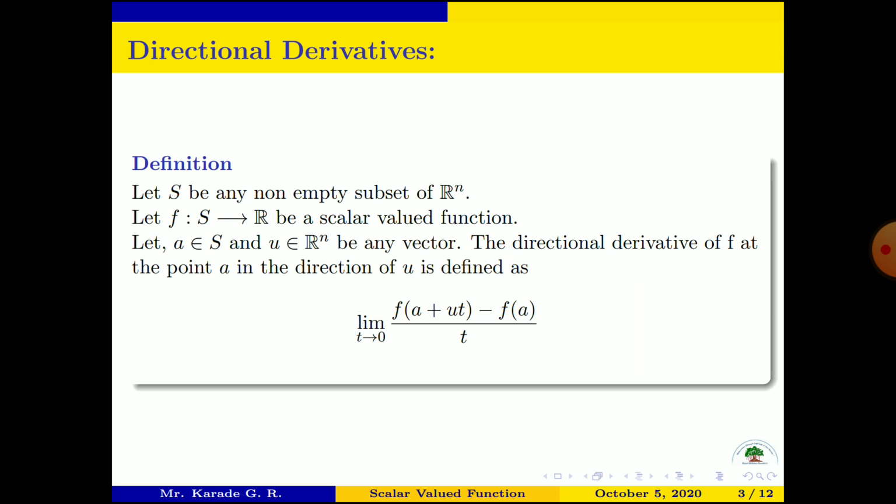So this is the definition of the directional derivative of a scalar valued function at a given point in the given direction. Okay, so the definition is very simple. We just have to write the limit as t tends to 0 of f of a plus ut minus f of a divided by t.